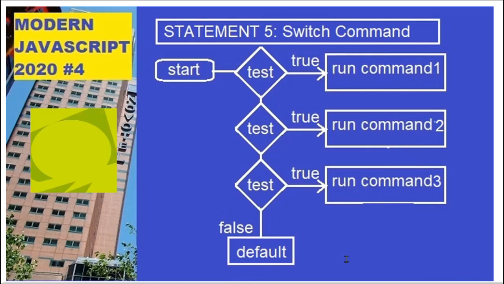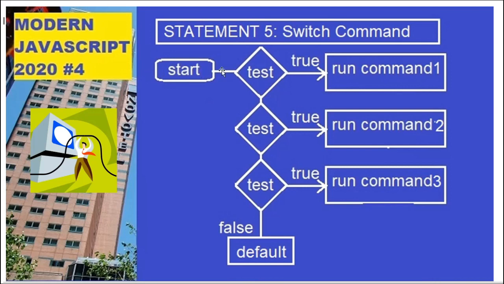Okay, going on to statement number 5. This is a special version of the if-else statement, and it's called the switch command. It's got its own name. You start off with the beginning of the command.